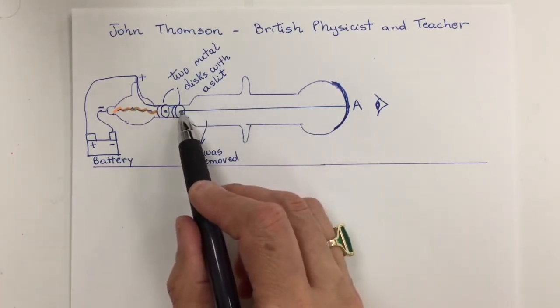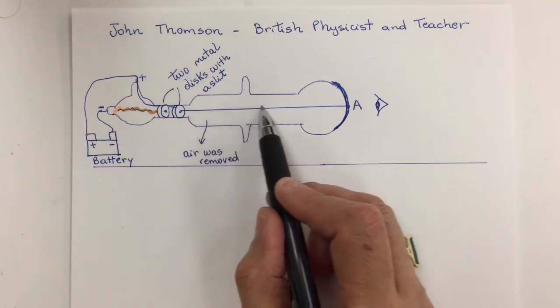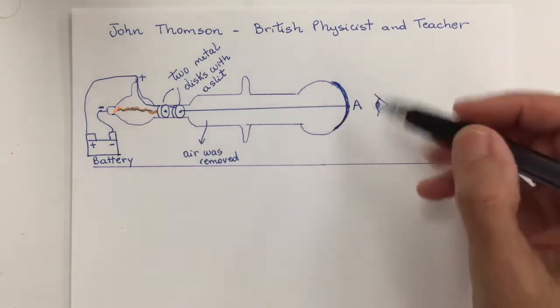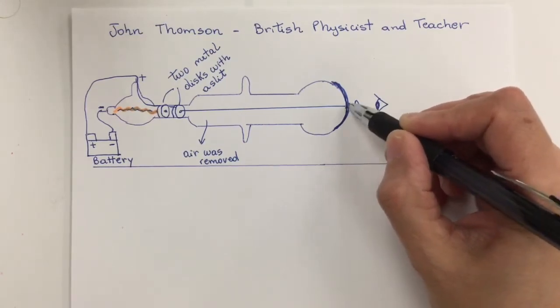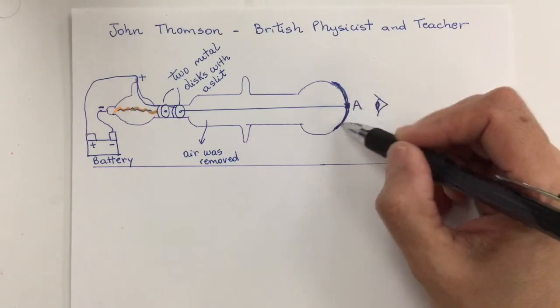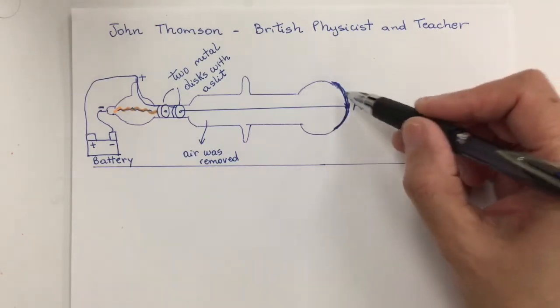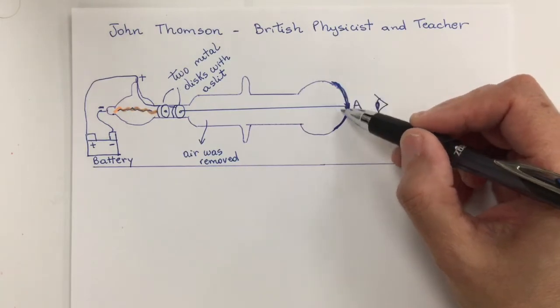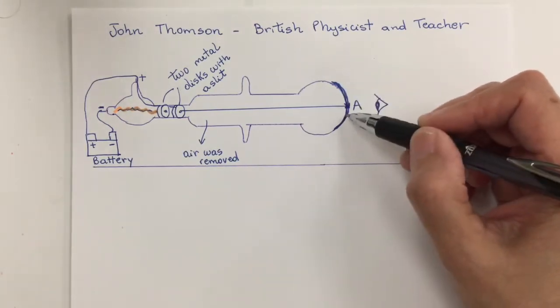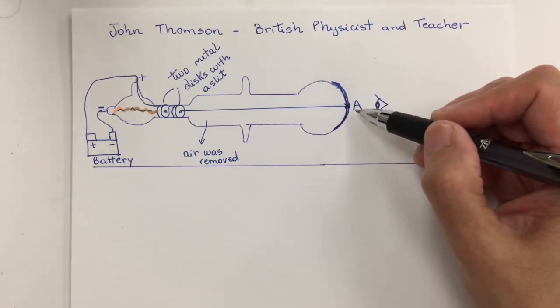This stream of ray passed straight through, and he could spot it when it arrived at the bottom of this tube, because he coated it with phosphorescent material which glows in the dark.